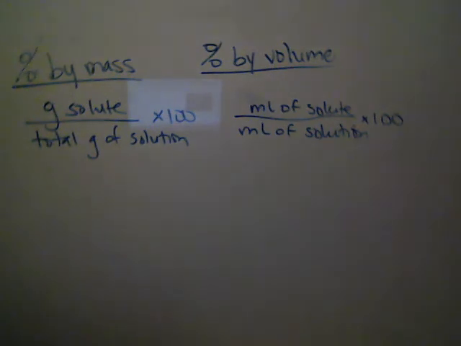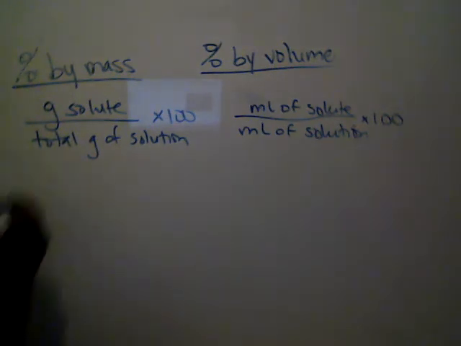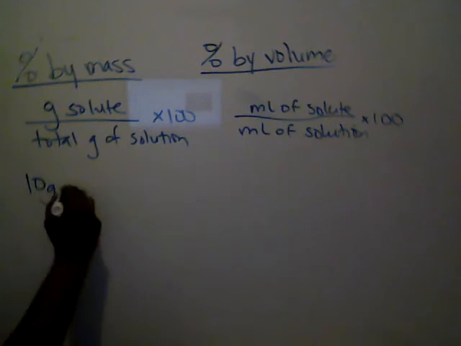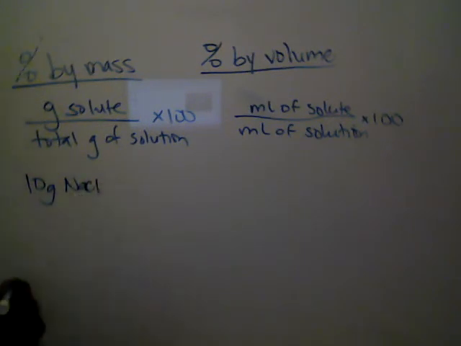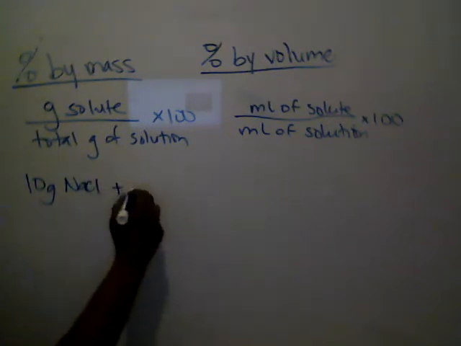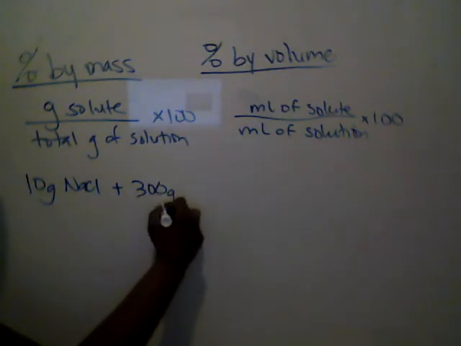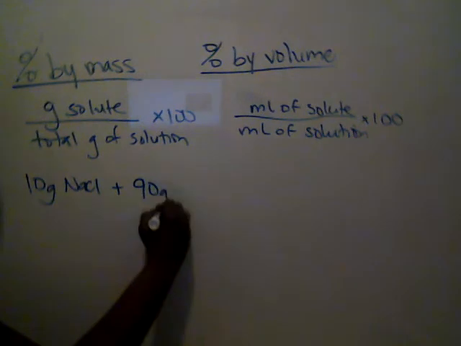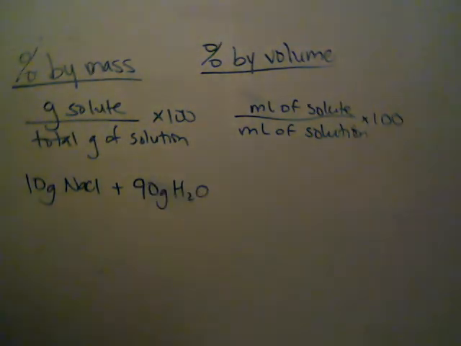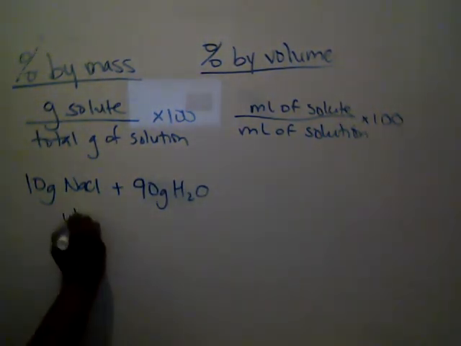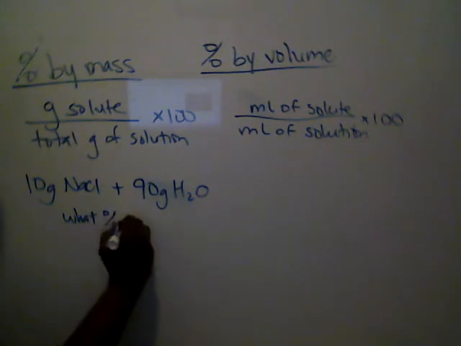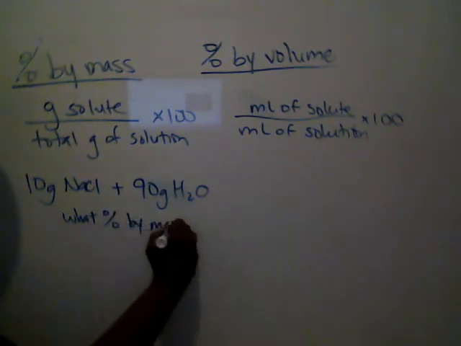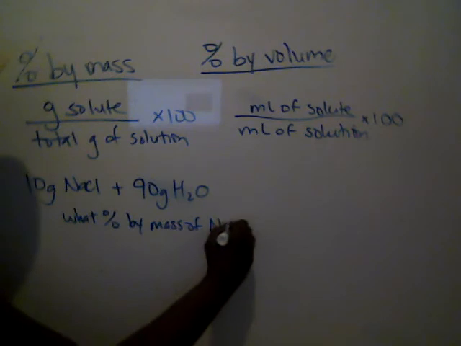So if we do two quick examples, let's say we took 10 grams of NaCl and we added it to 90 grams of H2O. And the question may be, what is the percent by mass of NaCl?